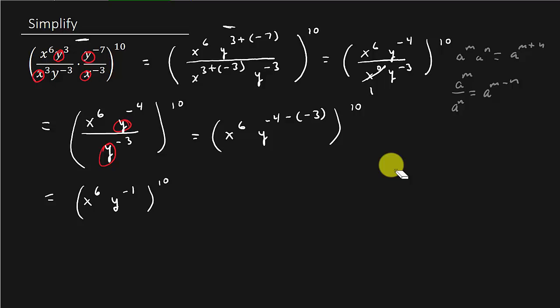Now let's raise each term inside the parentheses to this power out here. Remember, we have a property that says a times b to the nth power is a to the n times b to the n.